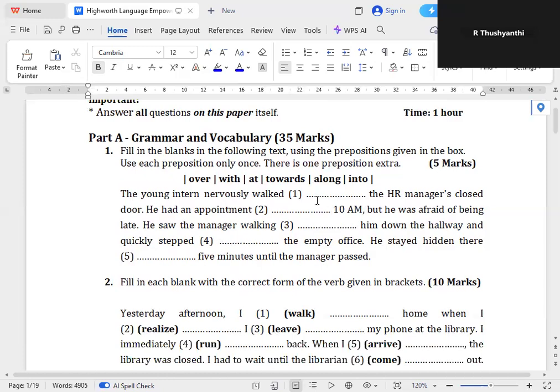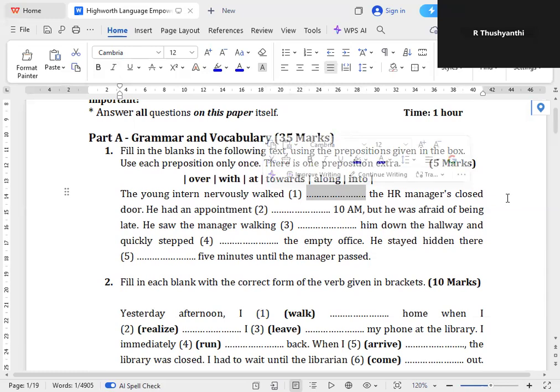We are going to fill the spaces with the prepositions. For the young intern nervously walked, which preposition can we use in this space? We can't say over the manager. We can say with, it is also possible. We can't say at. Towards is also possible. Along is also possible, but we can't use into.